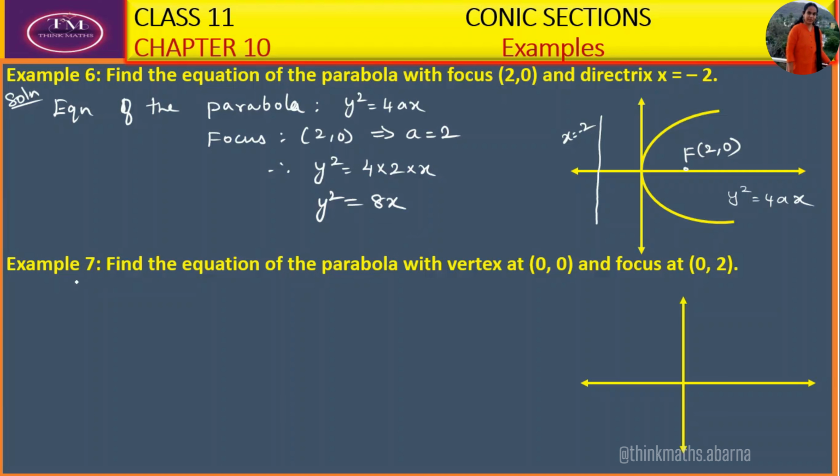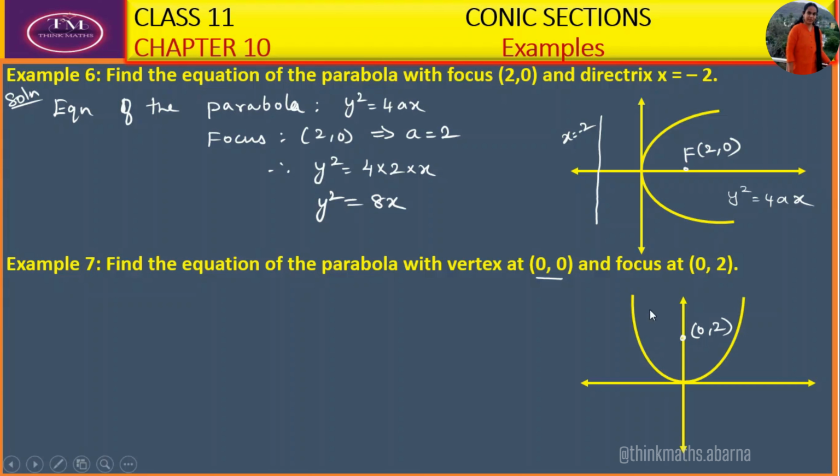Next, example 7. Find the equation of the parabola with vertex at 0, 0 and focus at 0, 2. So the focus is at 0, 2. Here is the focus. That means the parabola will be symmetrical about y-axis and it will be in the positive side of y-axis.